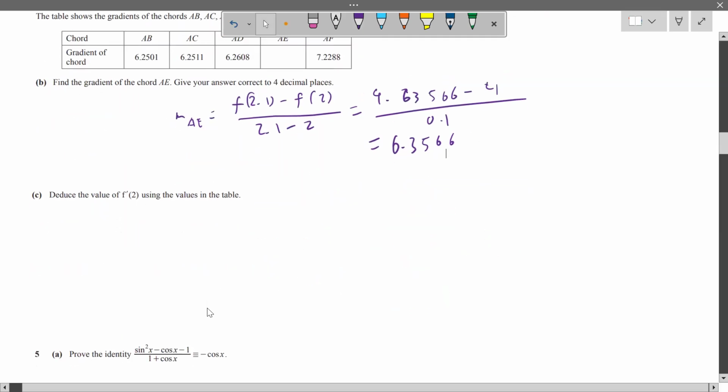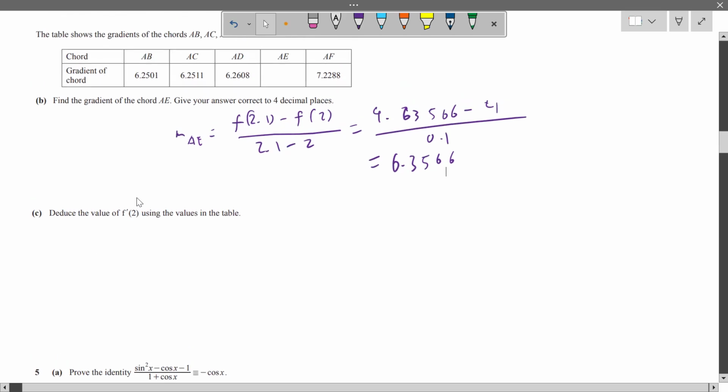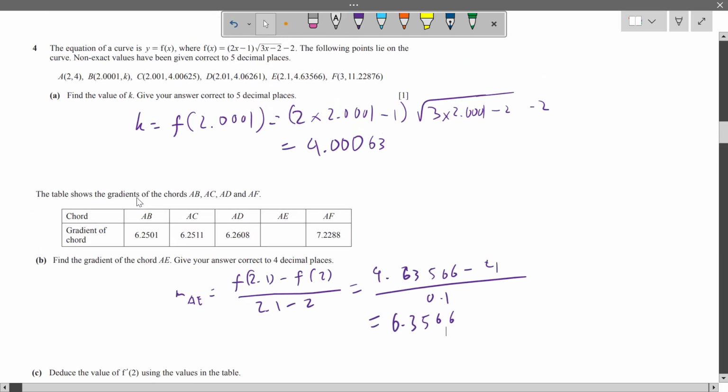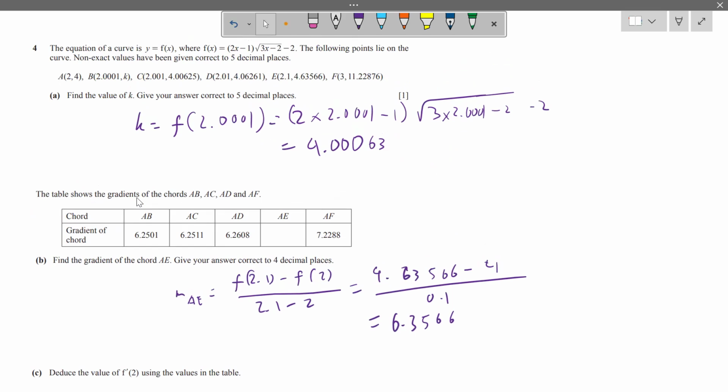Right. Then now you have to do part C, to use the value of f prime 2. What is f prime 2? F prime 2 is the derivative of this function at 2. But what is the derivative? What is the definition of derivative in a graphical sense? Well, it is the gradient of the tangent line.